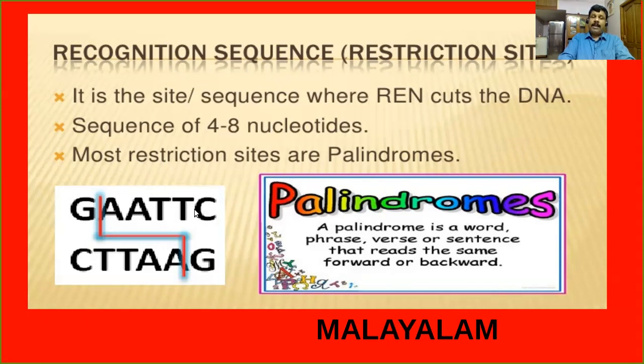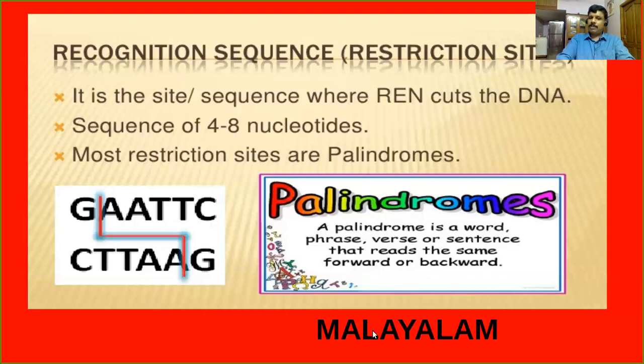Is it clear? Another important characteristic feature is that all restriction sites are palindromes. Such sequences are called palindromic sequences. Do you know the meaning of palindrome? You are very familiar: a palindrome is a word, phrase, verse or sentence that reads the same forward or backwards.